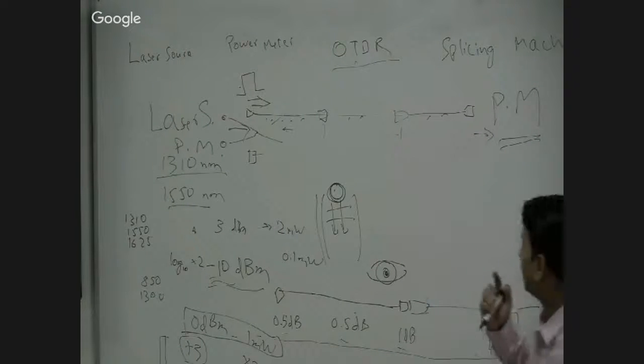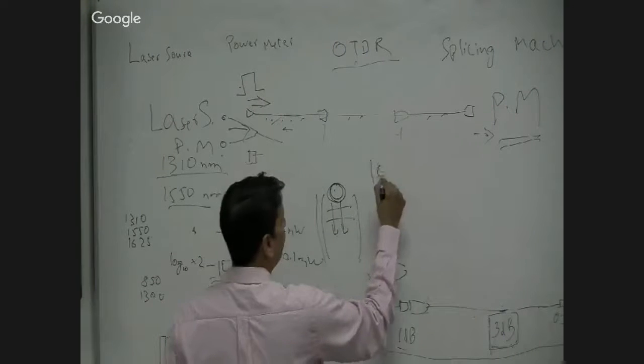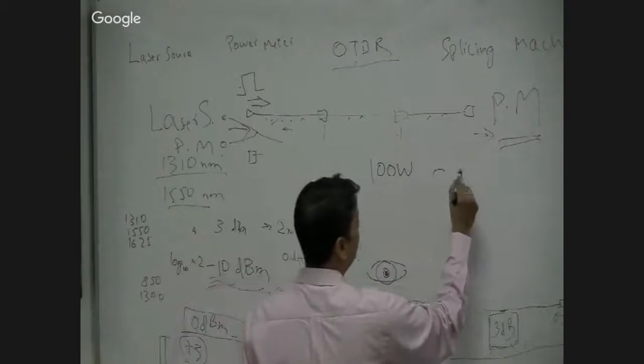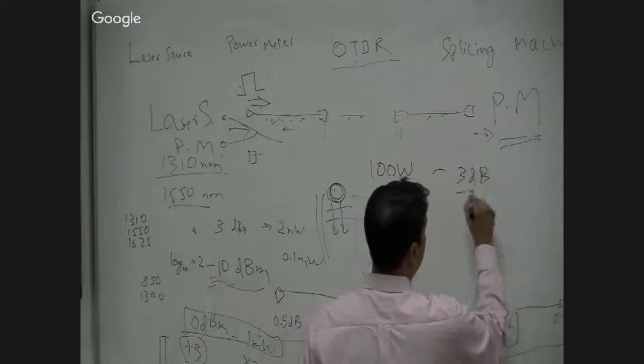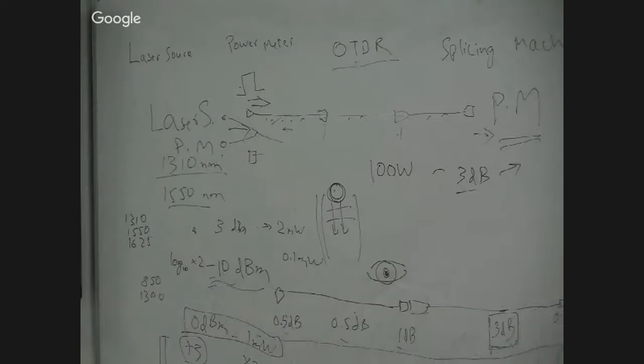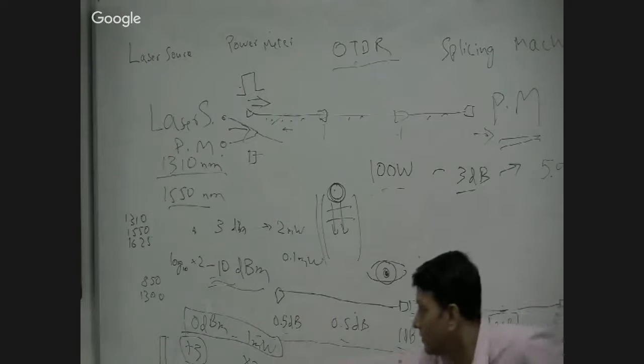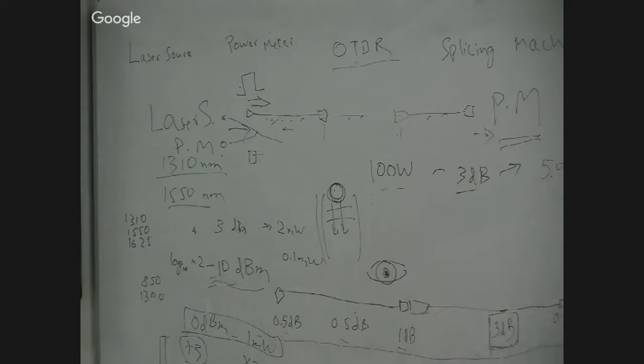Think about it when you're transmitting 100 watt of power, a 3 dB loss will give you what? What will you receive? Half. 50 watts. 3 dB loss is half, divided by 2.